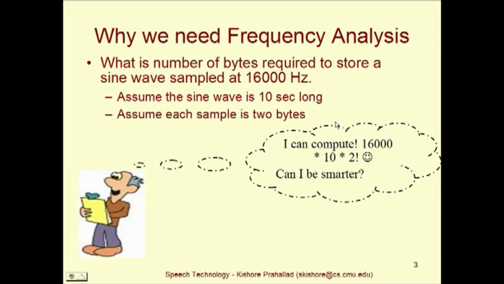You would like to think it's simple to compute, and you do this mathematically: 16,000 samples per second, and since it is 10 seconds long, it would be 16,000 cross 10, and since each sample is 2 bytes, you multiply with 2. So that's a straight way of computing the number of bytes required to store the sine wave.